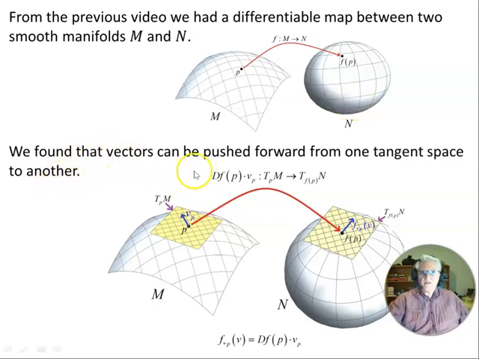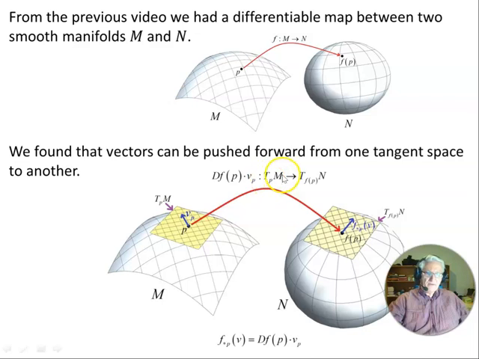Right, we found that vectors can be pushed forward from one tangent space to another. So we had a vector in the tangent space of the manifold M at the point P, and this map mapped these points to the tangent space to N at the point F of P. So we went from P to F of P. The push forward we found was the Jacobian of the function evaluated at the point P multiplied by the vector concerned.